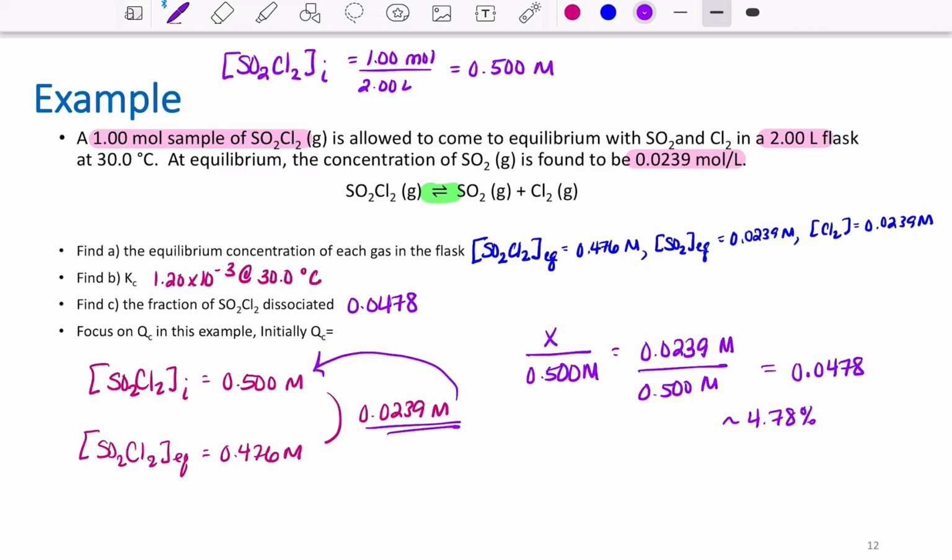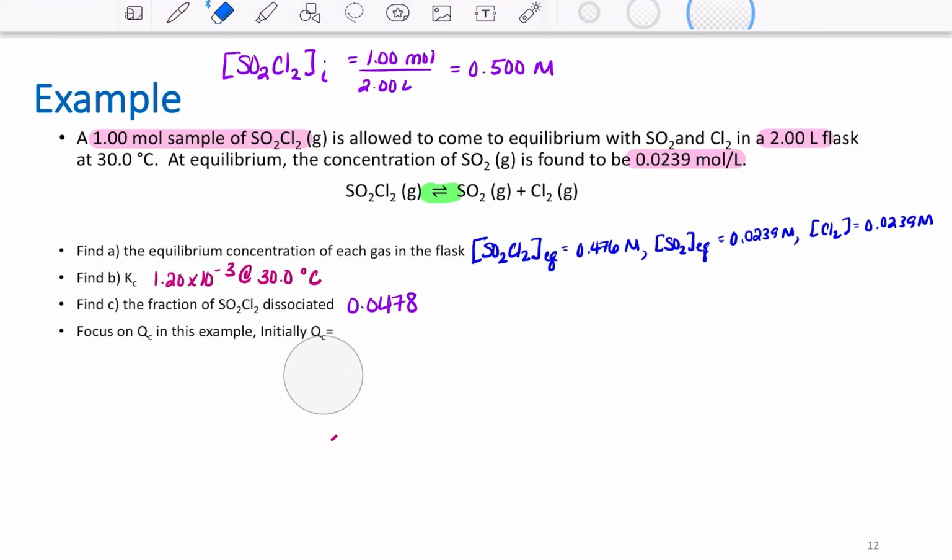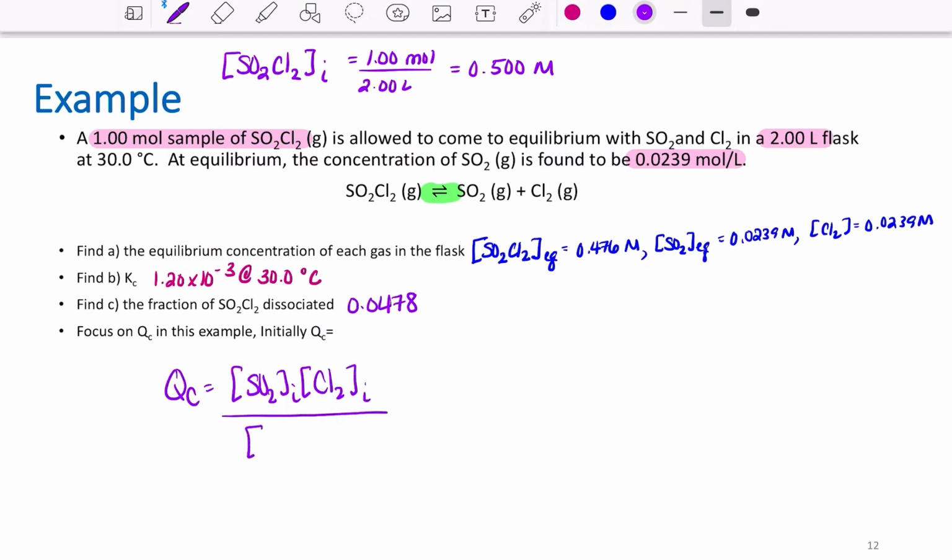So on this example, let's focus on Qc. Initially, what is Qc? Qc is our reaction quotient. So initially, SO2 initial, Cl2 initial, SO2Cl2 initial.